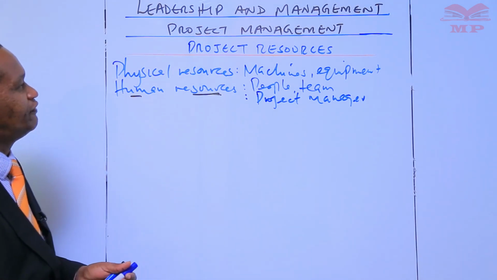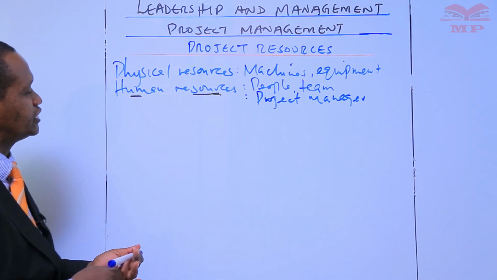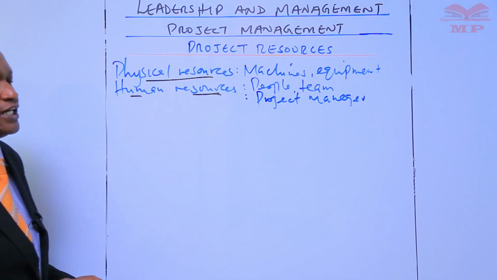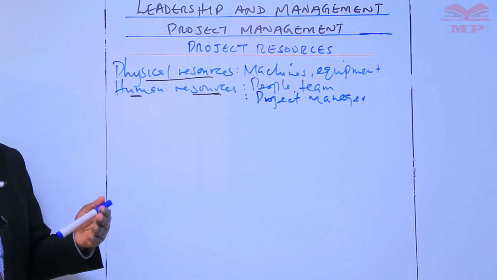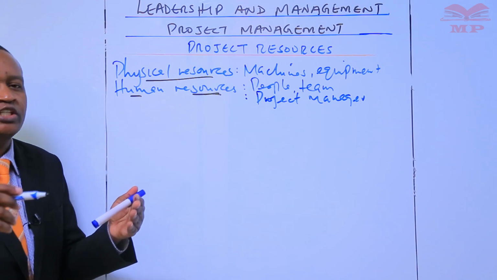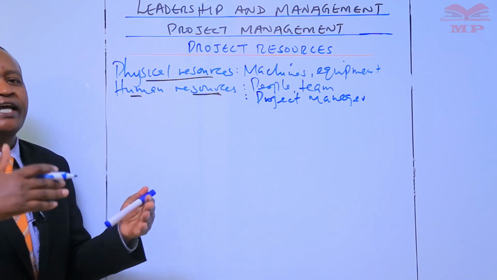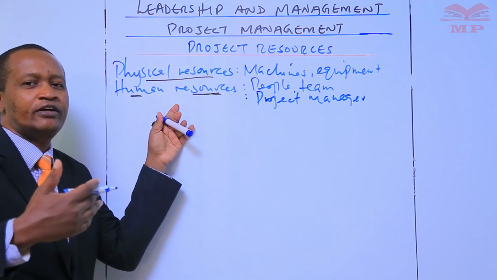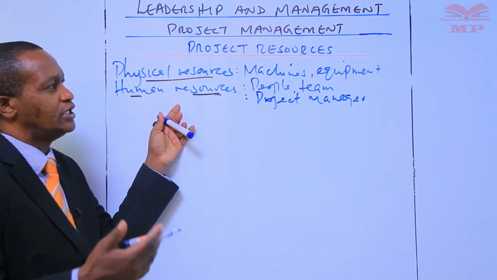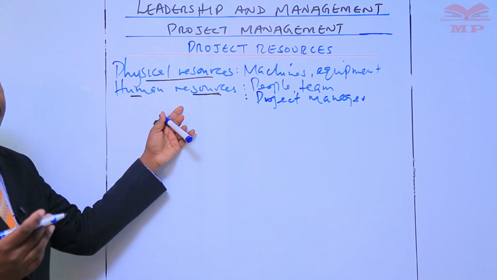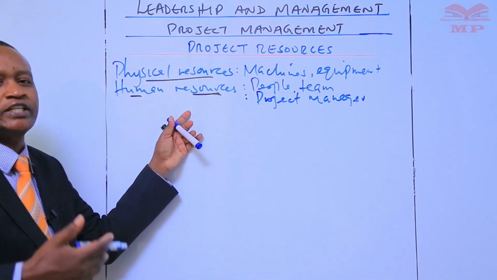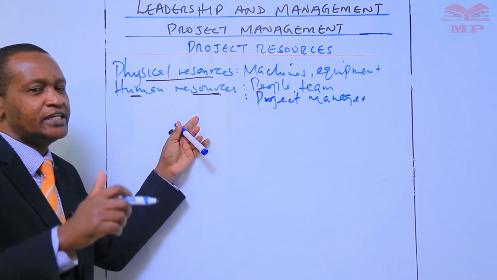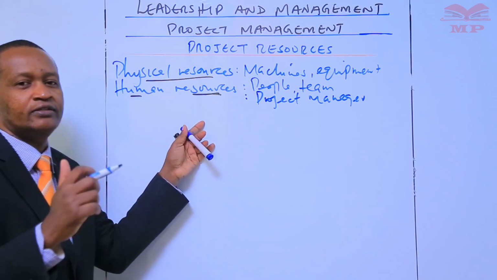And physical resource management, on the other hand, candidates, is concentrated on allocating and using the physical resources like material, equipment, and supplies that are needed for successful completion of the project in an efficient and effective way.